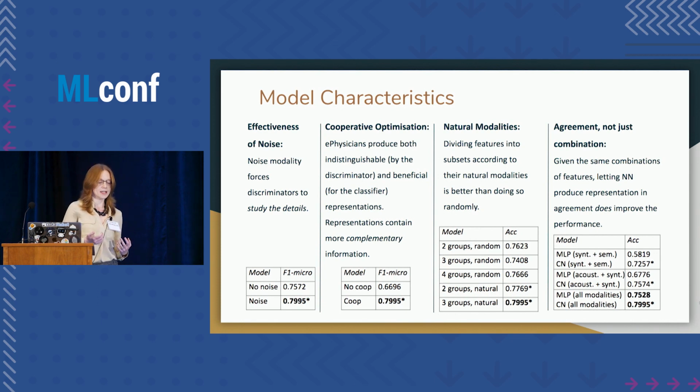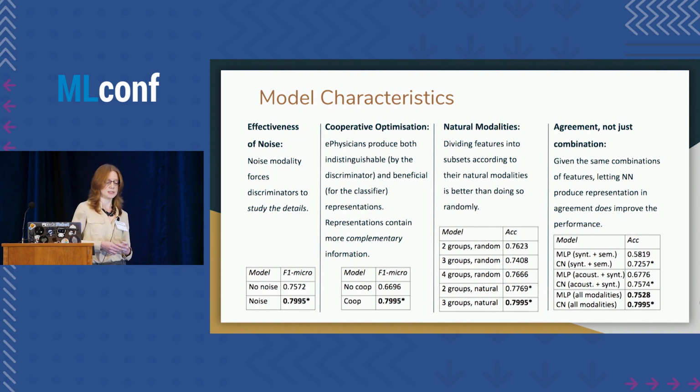Okay, next trick is natural modalities. We have done an experiment trying to divide data into random modalities. The question here was whether the natural modalities as we understand them, the acoustics, semantics, syntax, and the lexics, actually have some sense that is useful for classification performance.